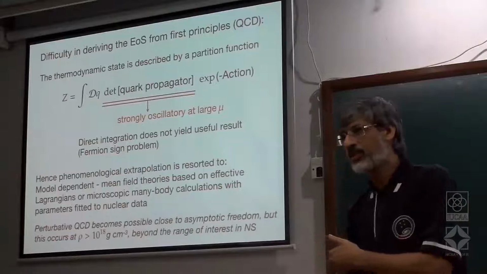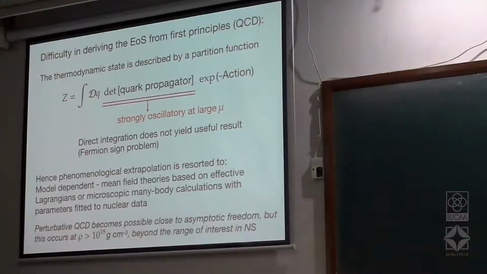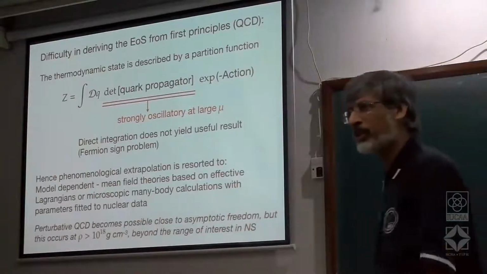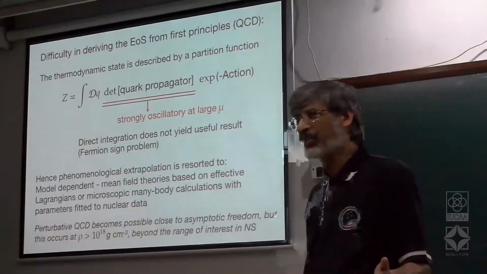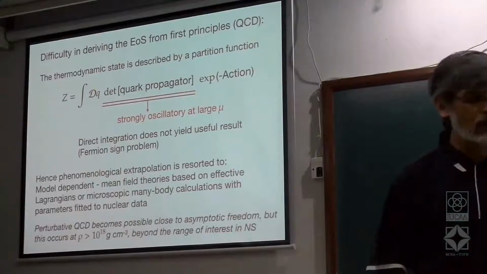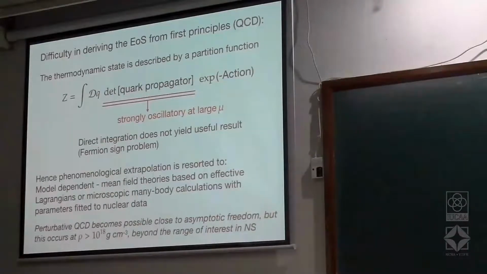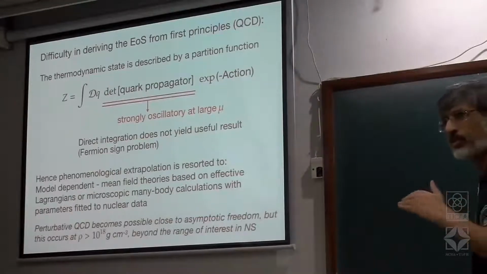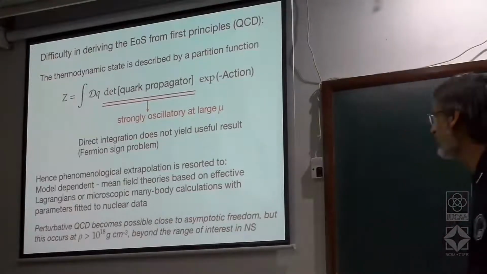Because if you have two numbers of the order of 10 to the power of 33, and the difference gives you 10 to the power of minus 20, then numerically it is very hard to keep track of. People are trying various regularizations, and different regularization mechanisms give you different results. So this subject is still open. The objective is not yet realized.